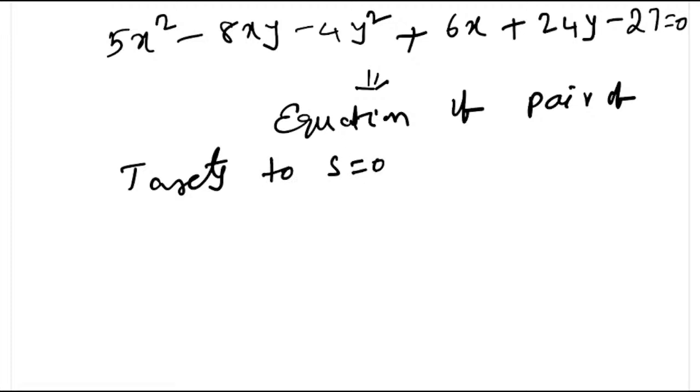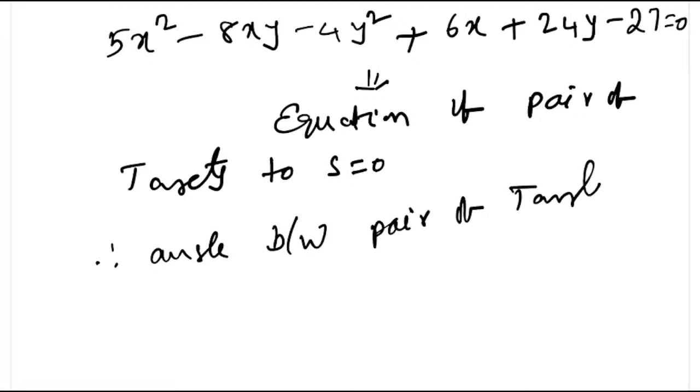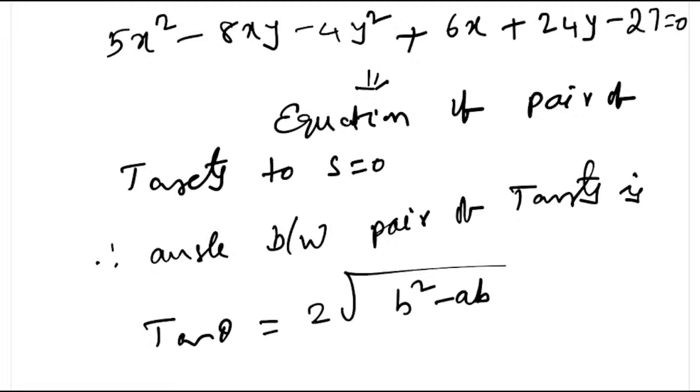So we got the equation of the pair of tangents. Therefore, the angle between them is tan theta equal to 2 times the square root of h square minus ab, by mod of a plus b.